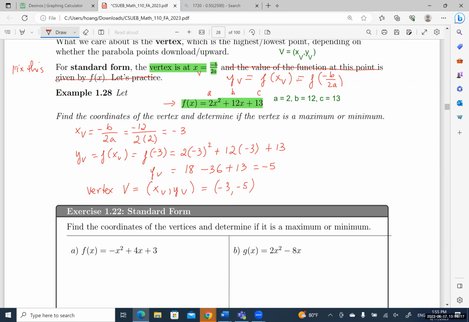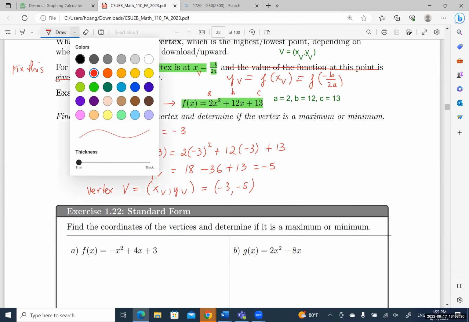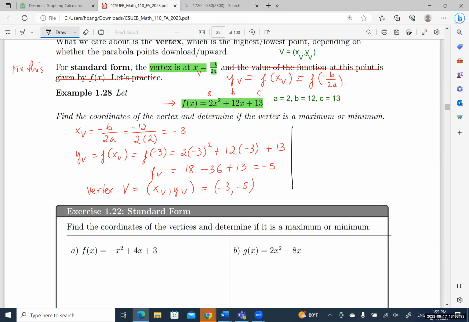All right, so we need to know if it is a maximum or minimum, right? Let me use other colors. We have a equal to 2, which is greater than 0. So the vertex is a minimum, right?